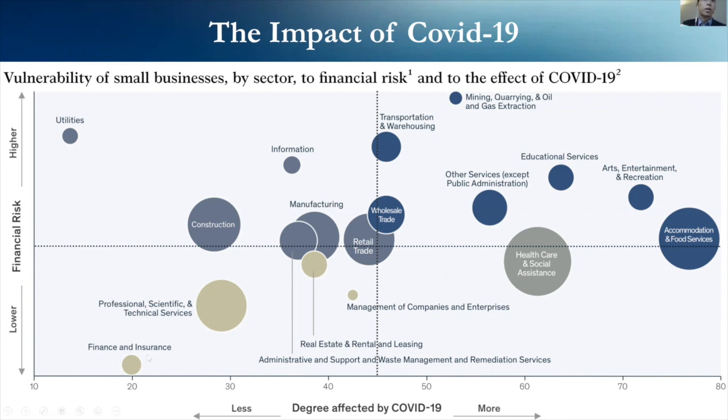Utilities also have lower financial risk and are less affected. On the right-hand side, the blue circle area contains the industries with higher financial risk and more degree affected by COVID-19. The most affected by COVID-19 is accommodation and food services.